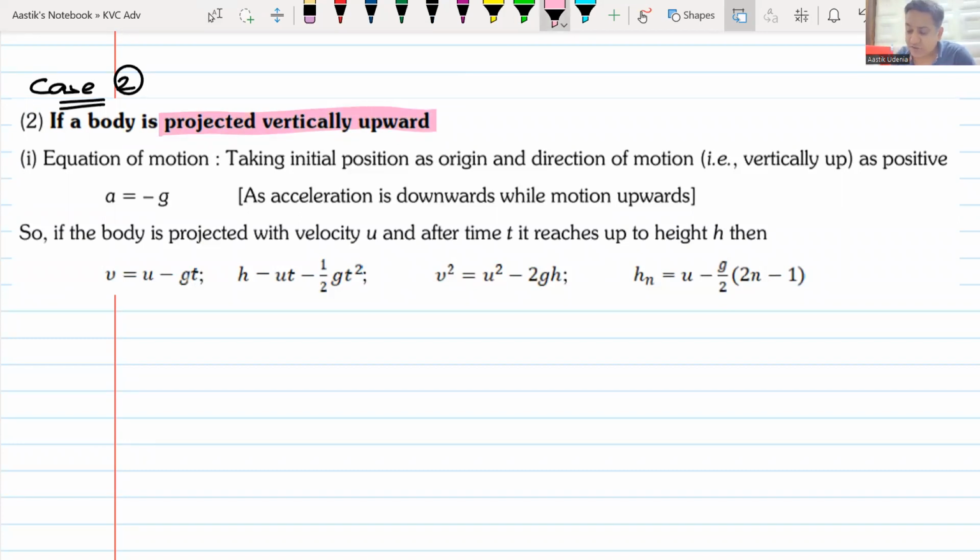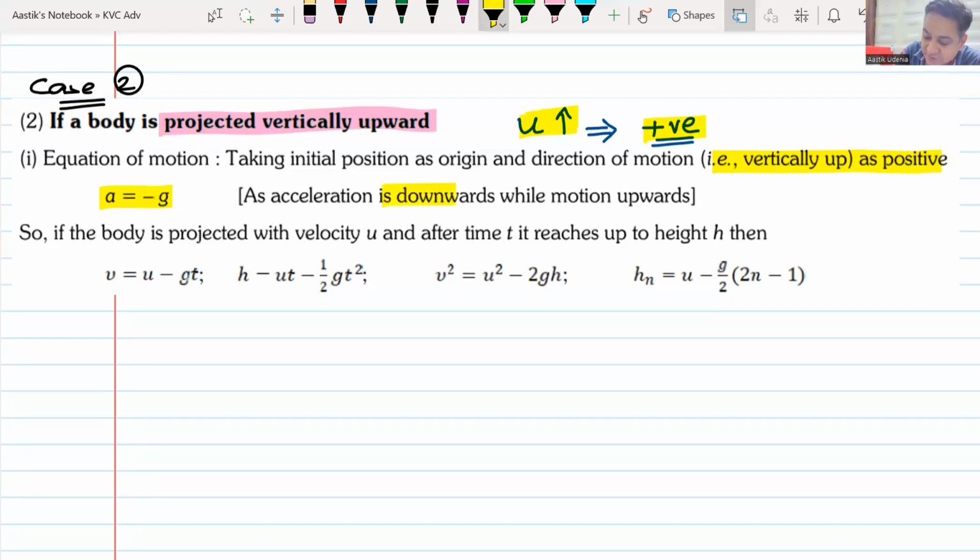If I project it vertically upwards, its initial velocity u will be upwards and therefore it has to be taken as positive. Do we understand this? Vertically up is taken as positive always. That's our sign convention. So my u, which is vertically upwards, would be positive. Do we understand this? Yes or no?